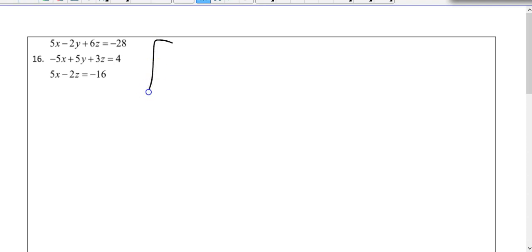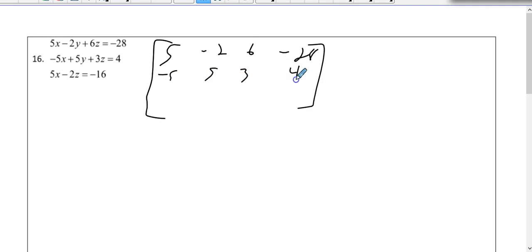Alright, for this one, curveball, a little bit different. We have 5, negative 2, 6, negative 28. We have negative 5, 5, 3, 4.